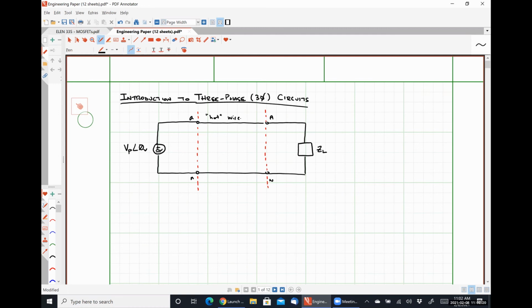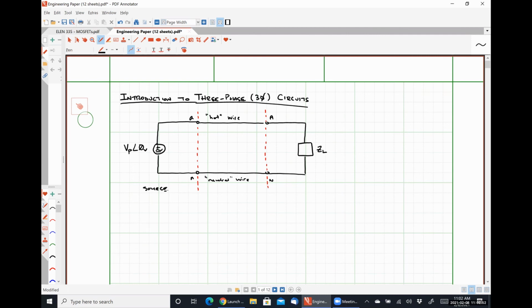Usually, I think a hot wire is white in most home wiring. Then we have a neutral wire. Neutral's white, hot's black. Okay, yeah, and then ground is green. All right. It's been a hot minute since I had to replace any outlets in my house, apparently.